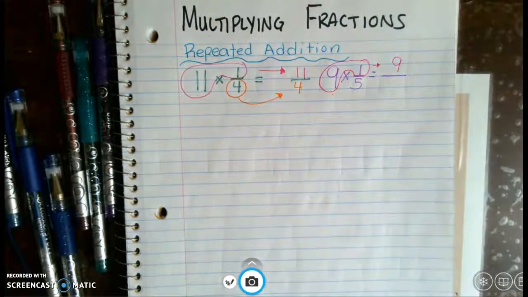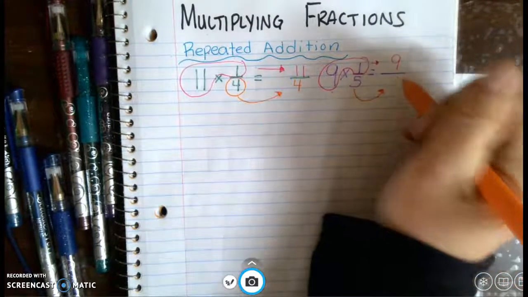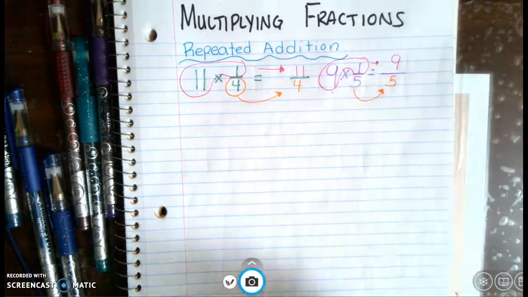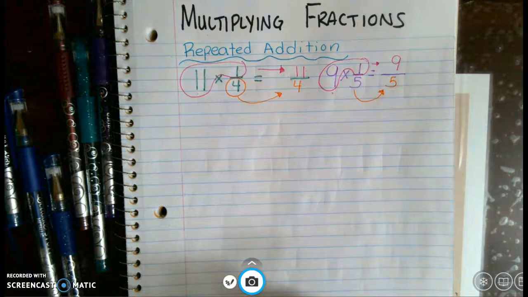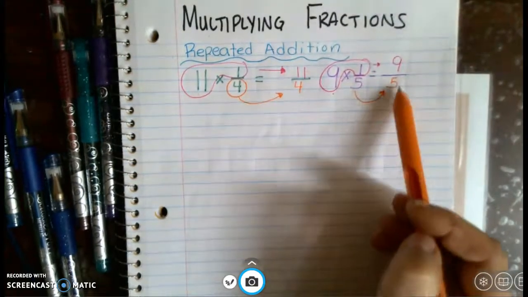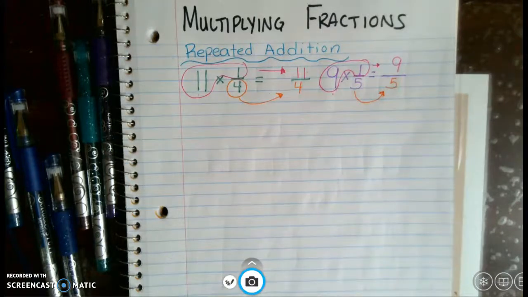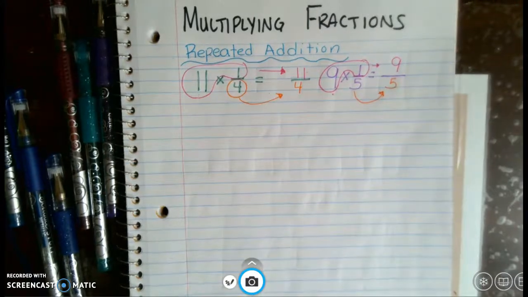My denominator stays the same because the number of slices that I cut up my fraction into, or my model into, is still going to stay the same. So my answer is 9/5. We're going to get into turning these into our mixed numbers right now.